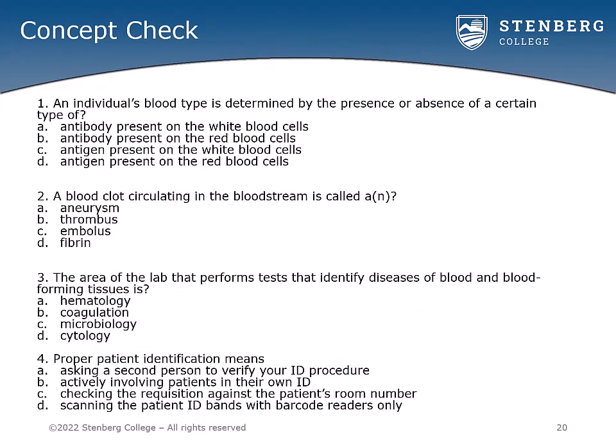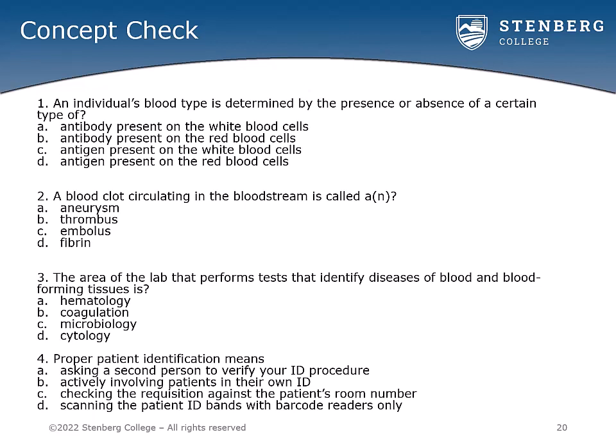Please take a moment to review the following concept questions. Question 1. An individual's blood type is determined by the presence or absence of a certain type of A. Antibody present on the white blood cells. B. Antibody present on the red blood cells. C. Antigen present on the white blood cells.